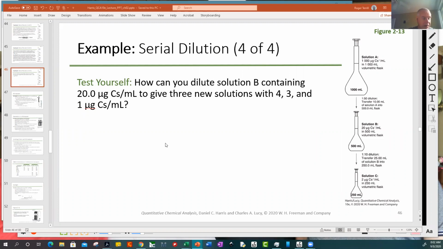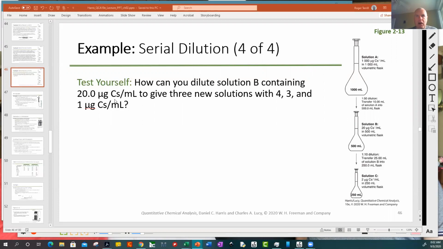It's just a real quick topic, but if you want to make a calibration curve, a series of declining concentrations, you could start with a standard stock solution. This could be 1,000 parts per million cesium in water, for example, and you want to make 1, 3, 4, and 20 parts per million.